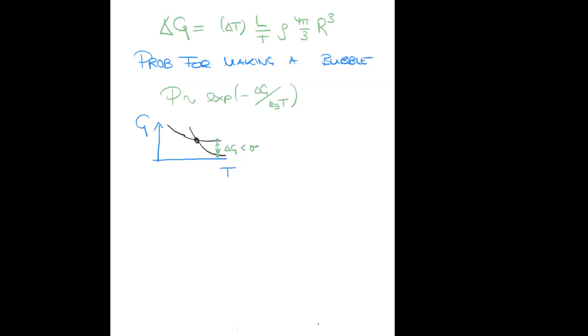So this means that the probability for this to happen is e to the plus delta T times r cubed times various other factors.